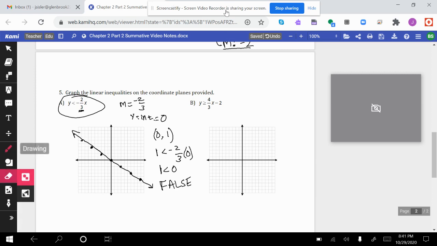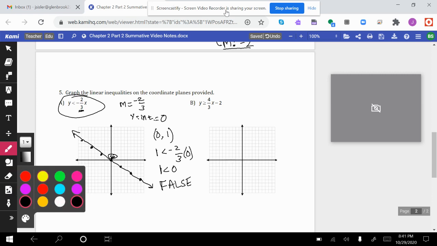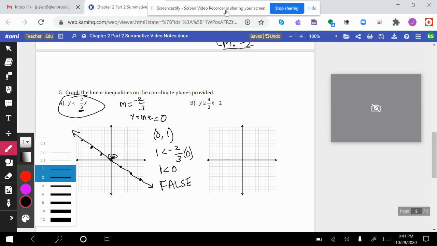And again, I want to encourage you to use the smiley face process. So we give them our smiley face, or our frowny face rather, because this is a false statement, which means we're just going to shade in on the other side, okay?